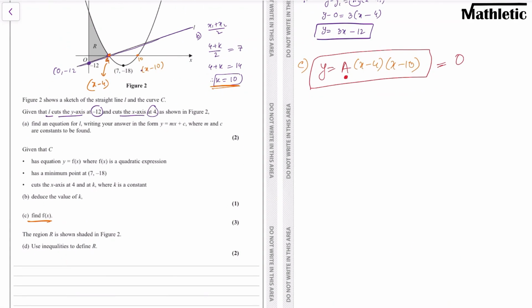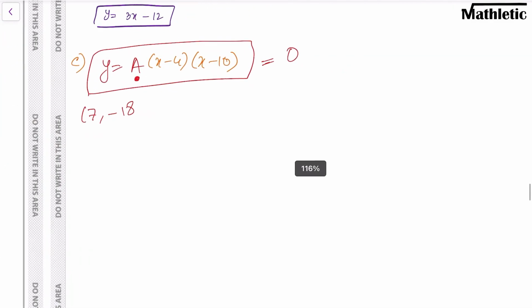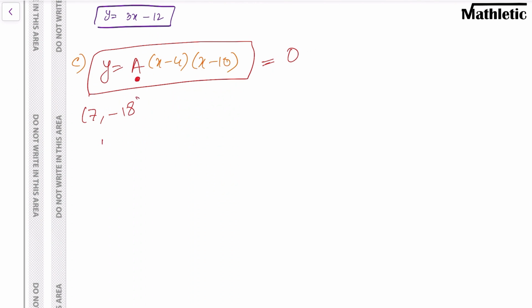So you can select any point from the curve. Let me select the minimum point, 7, minus 18. So I will just substitute this x and y coordinate. So x is 7, y is minus 18.